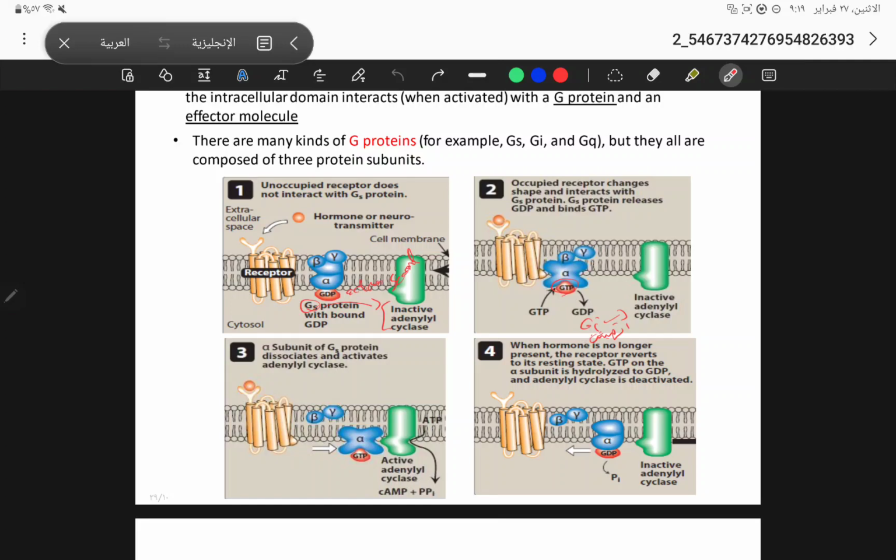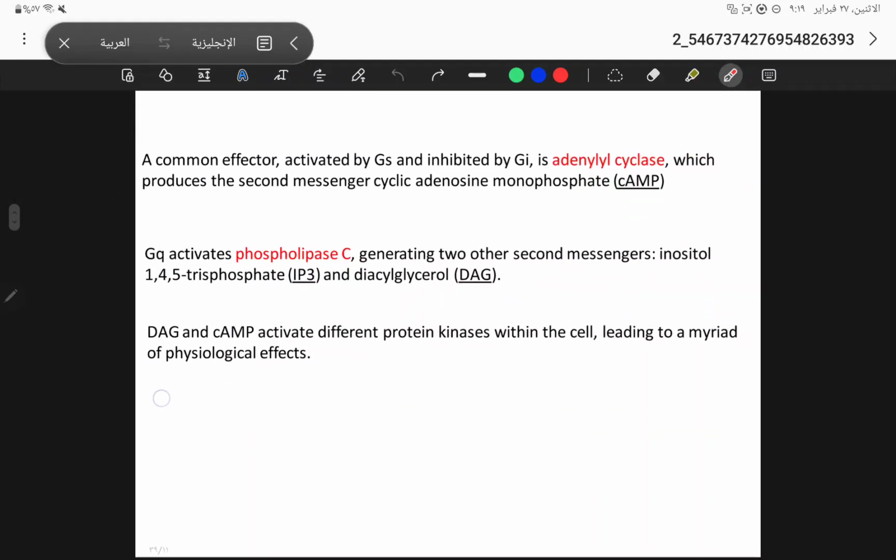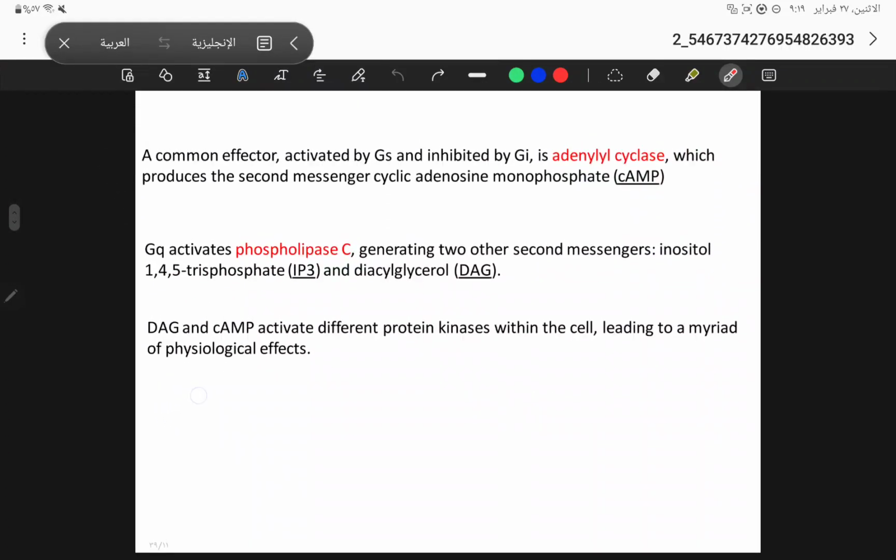For GS and GI, it is activation or inhibition of adenyl cyclase. GQ is linked to the activation of phospholipase C, generating two second messengers, not only cyclic AMP: one of them is inositol triphosphate, or 1,4,5 triphosphate, and the other is DAG, diacylglycerol.